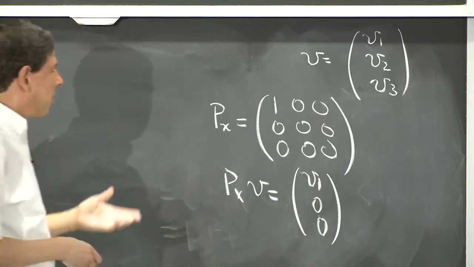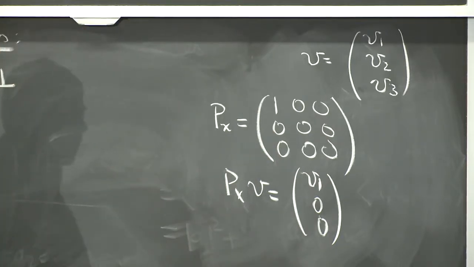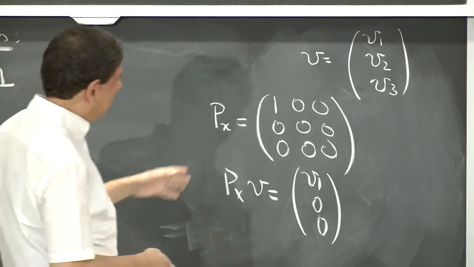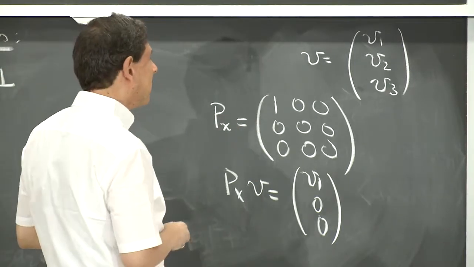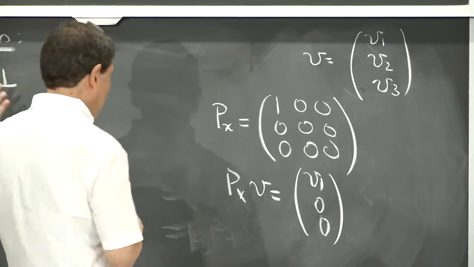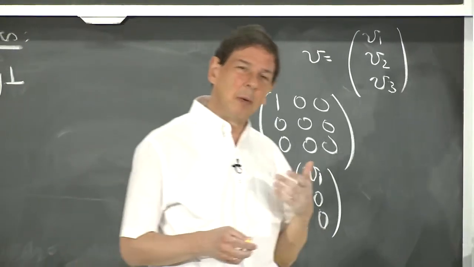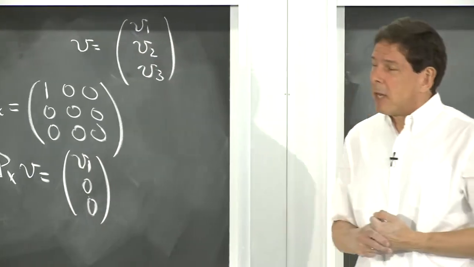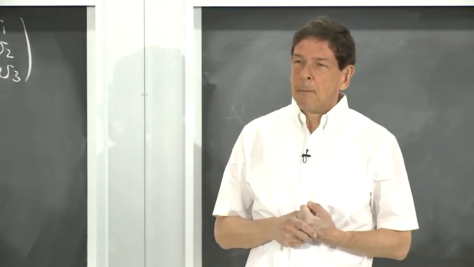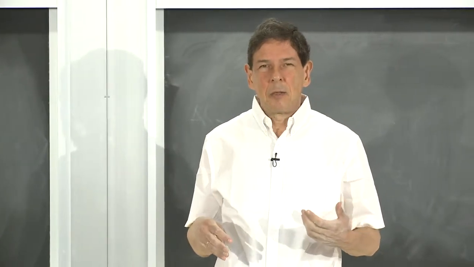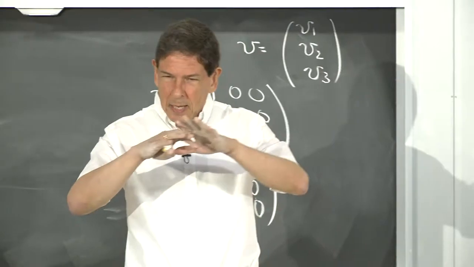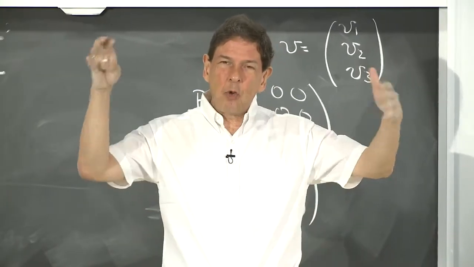So projectors are not complicated things. We want to understand them in more detail, not necessarily all the time looking at the matrix representation, but we want to understand where they come from and what properties they have. Why? Because after all, in quantum mechanics, there's a measurement postulate, in which a state is evolving and you do a measurement.